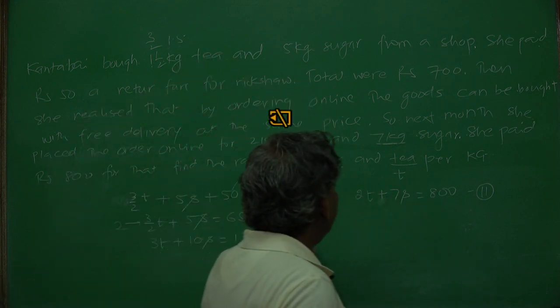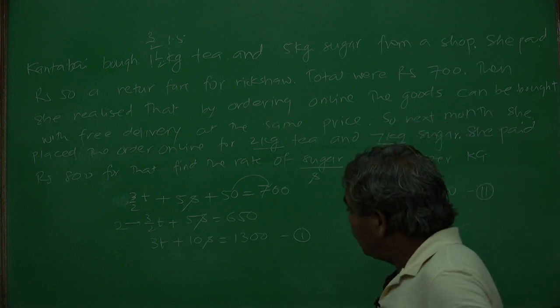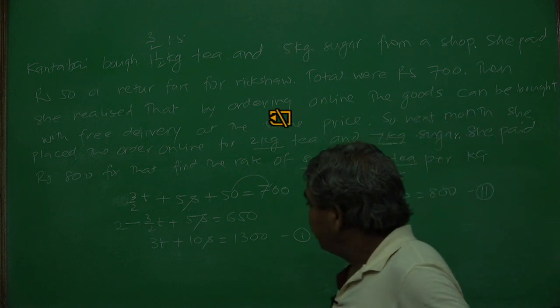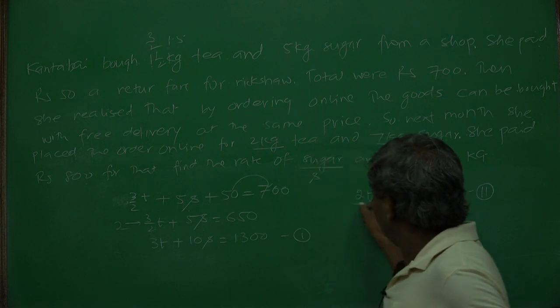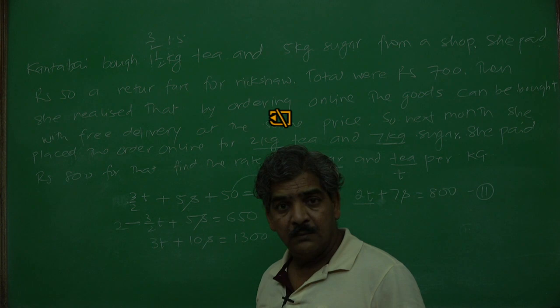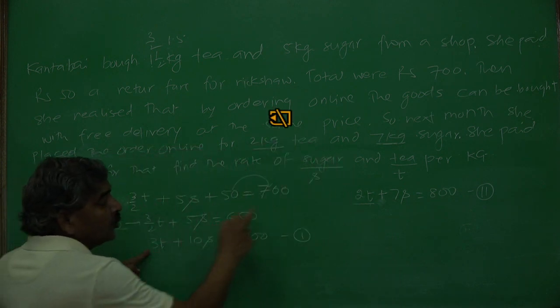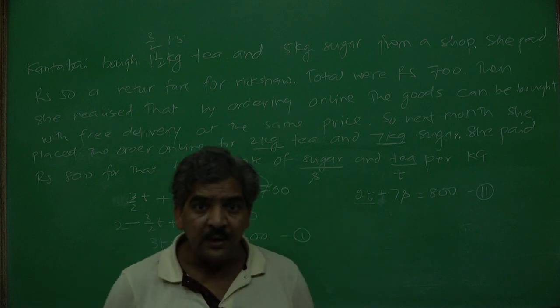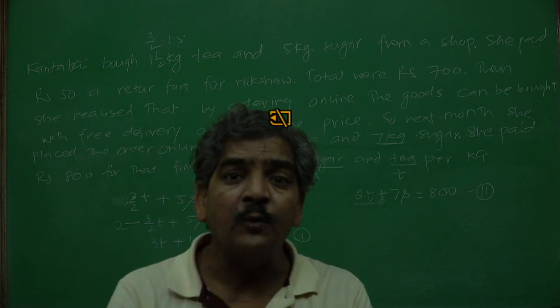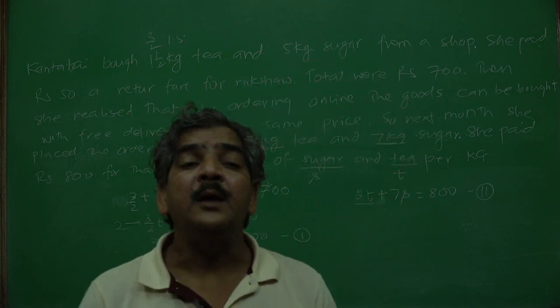Now solve 1 and 2 simultaneously. How to solve? Simple. See, here the coefficient of T is 2 in one equation and 3 in the other. I told you to generate two new equations in which either the coefficient of T or the coefficient of S are equal.